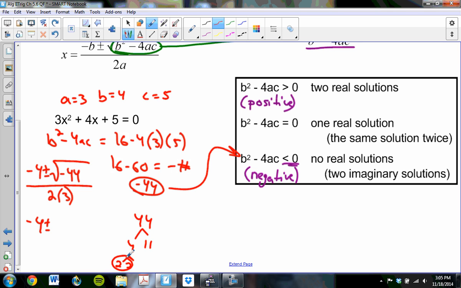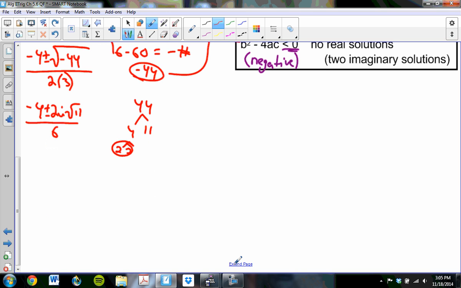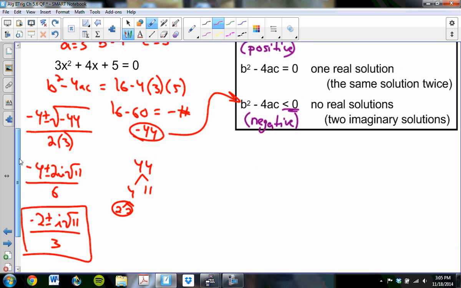So this is going to be 2i root 11 over 6. And that can all divide by 2, so I can do negative 2 plus or minus i root 11 over 3. Those are my solutions if I want to find the imaginary solutions. But just doing the discriminant tells me that there aren't going to be any real solutions, because the discriminant came out negative.